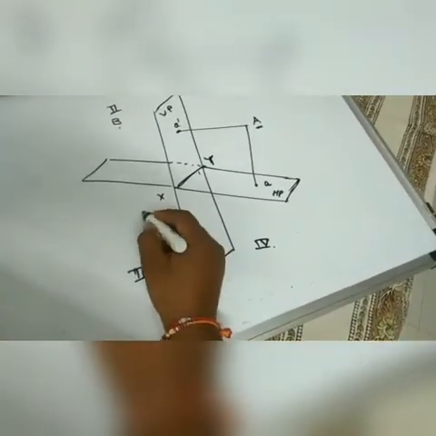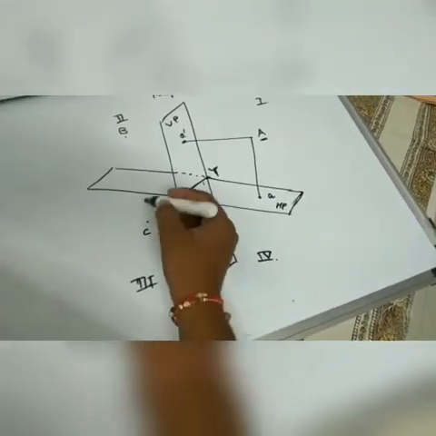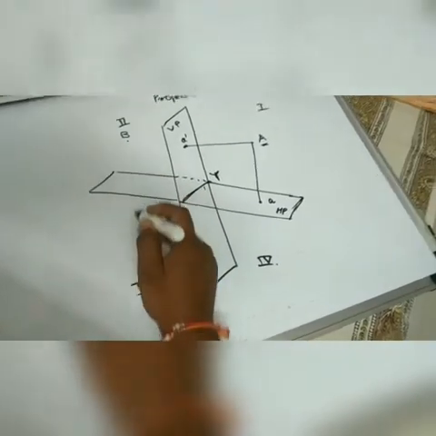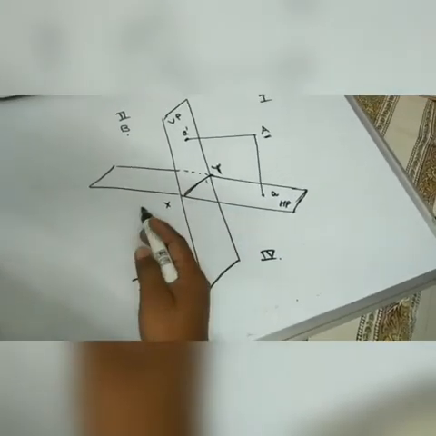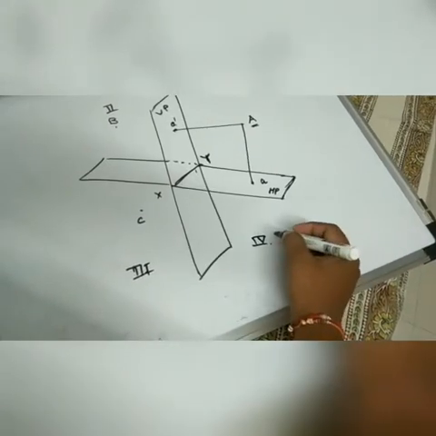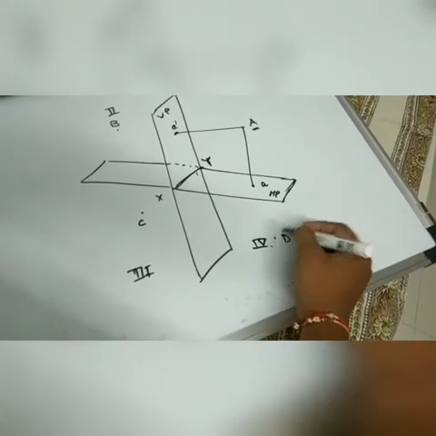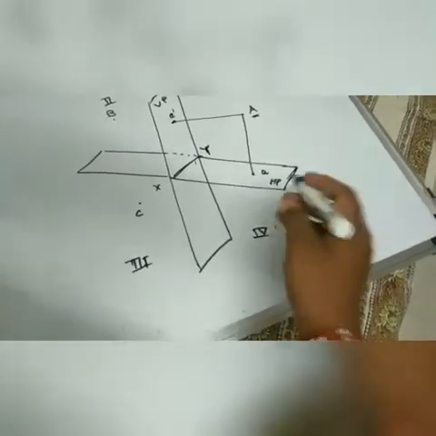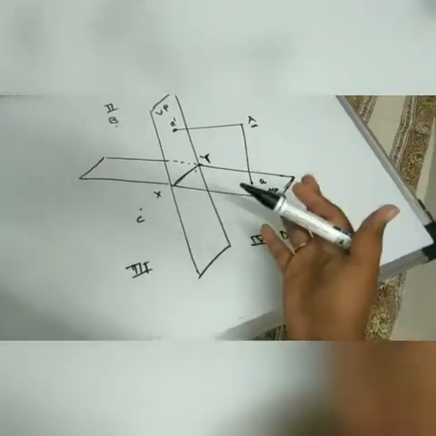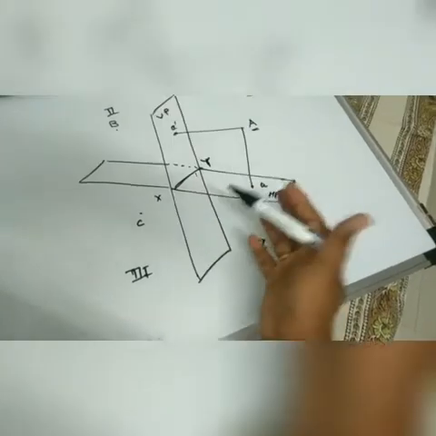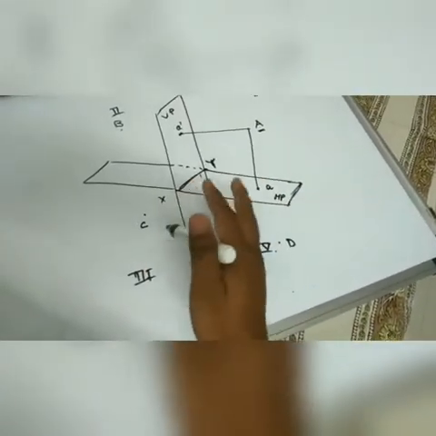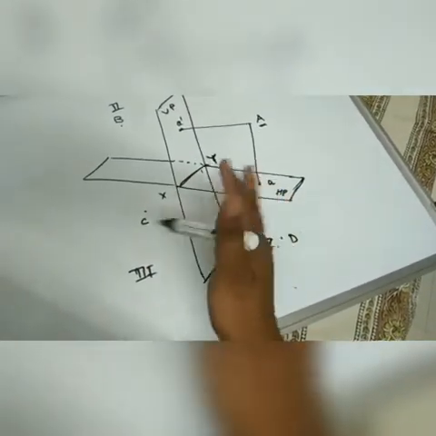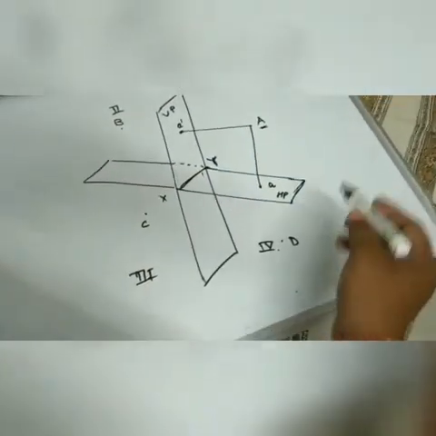If there is some third point C, I say point C is some distance below HP, some distance behind VP. And also if I have point D, I say point D is below HP, in front of VP. So this below and above HP and in front and behind VP, with this combination of these four terms, we describe unique position of these points.